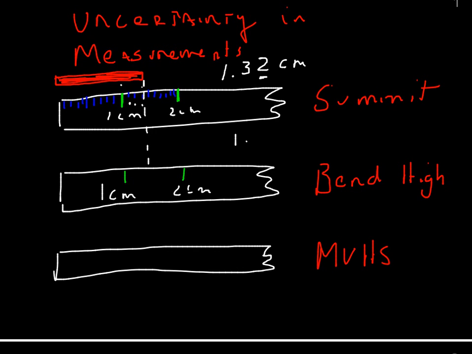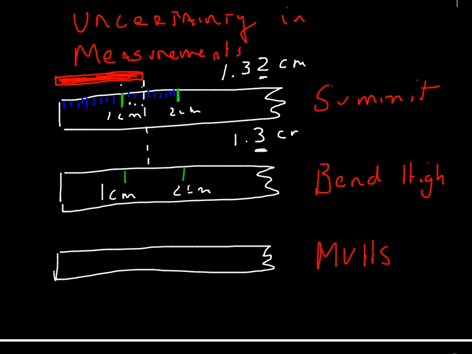What's more, I know for certain that it falls somewhere between 1 and 2 centimeters. So I'm going to say that looks to me to be about a third of it, maybe. So I'm going to say, okay, it's 1.3. That, though, is as far as I can go. I can't go any further. So the 3 becomes the uncertain digit.